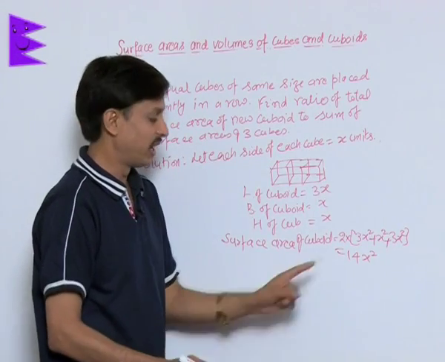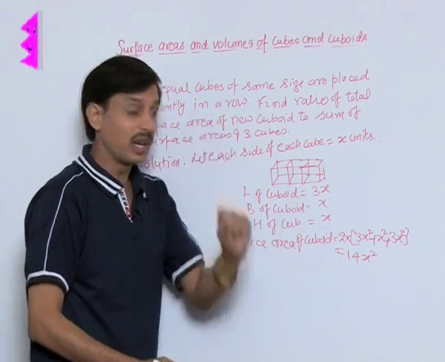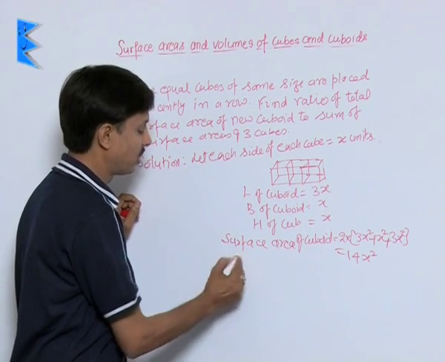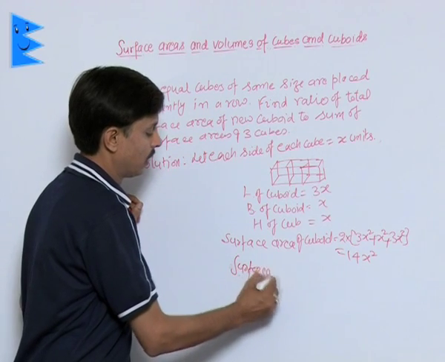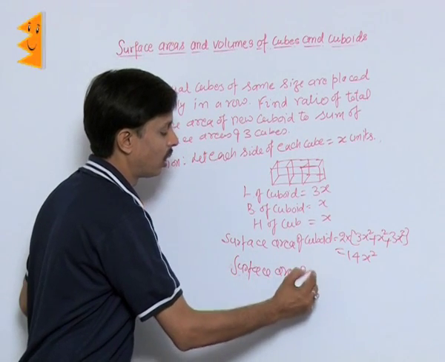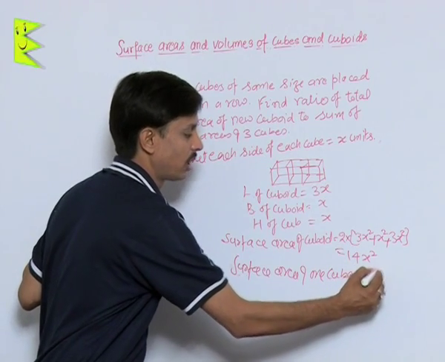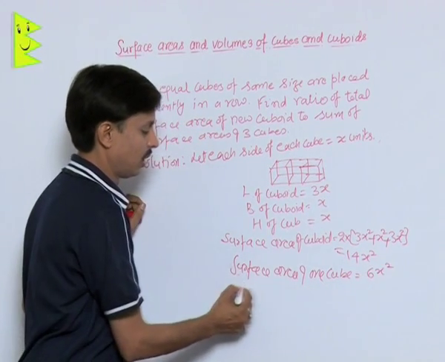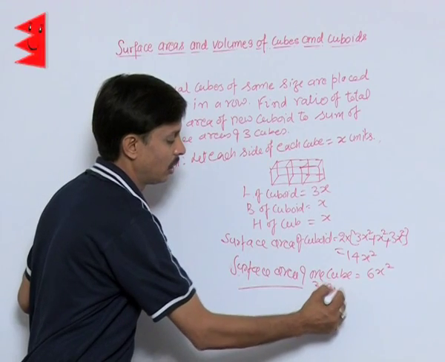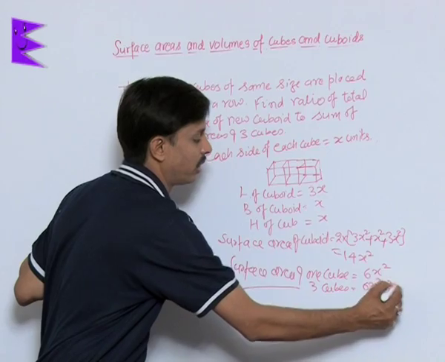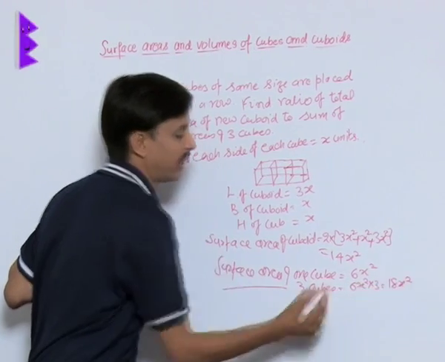We want to find the ratio of this area to the area of three cubes. The surface area of one cube is equal to 6 into x square. The surface area of three cubes is equal to 6x square into 3, that is 18x square.